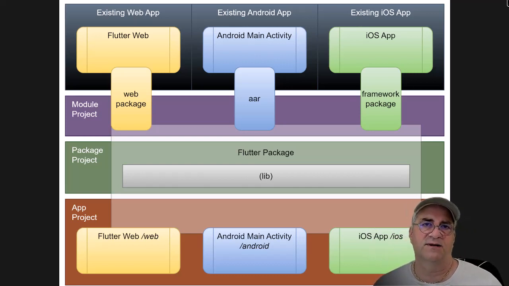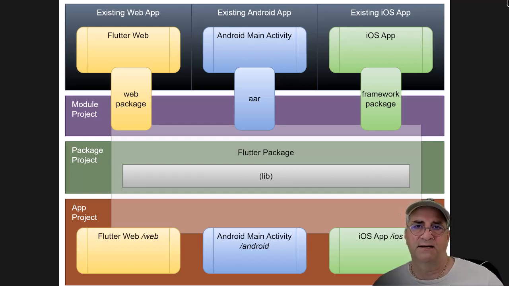Okay, and then the question is what projects exist, right? So on the bottom, we have basically an app project. And this could actually be, well, no. Sometimes, like the previous one, we had the package and the app project was actually one project. But in this case, we broke the apps out. And so we have a single app project, and that could have a web, an Android, and an iOS.